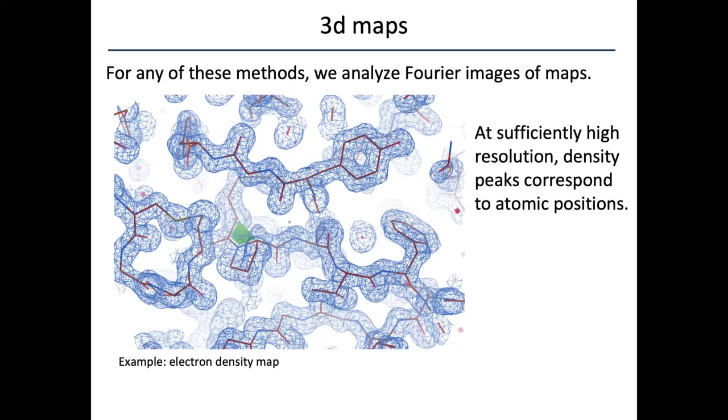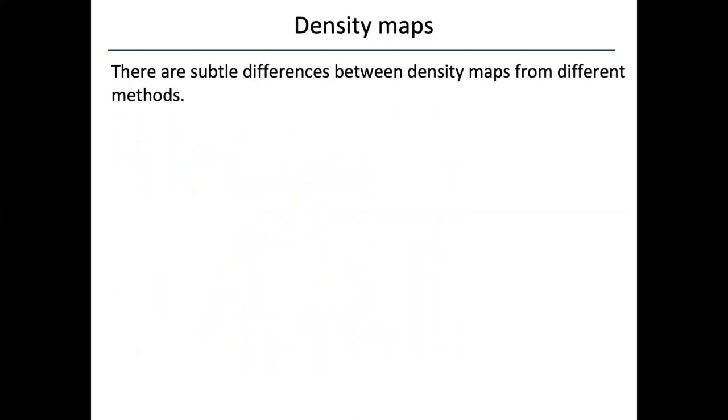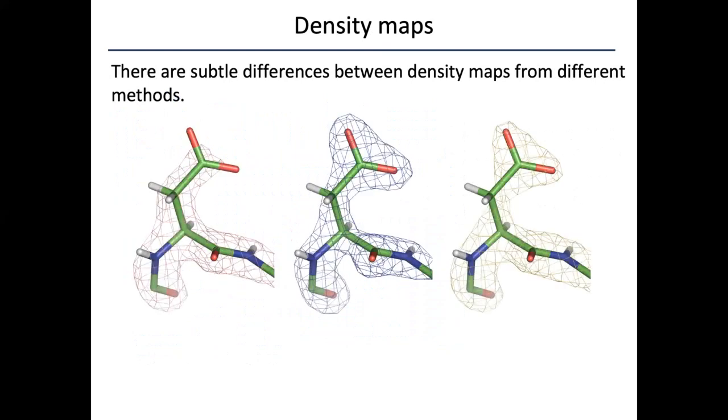So while this is generally true for all three methods, there are subtle differences between density maps from different methods. So here I have an aspartic acid residue, and I calculated a model-based density for these three different types of interactions, so X-ray, neutron, and electron.